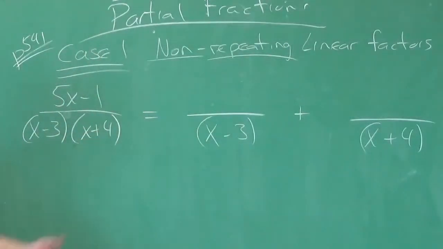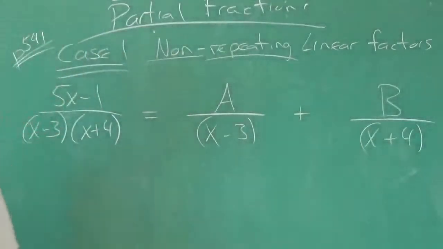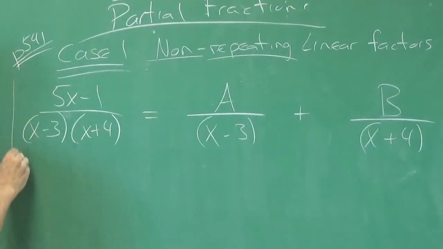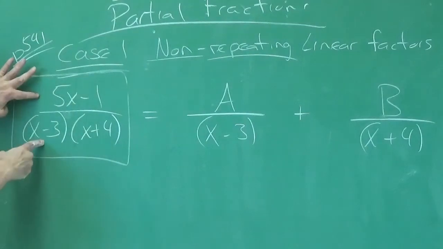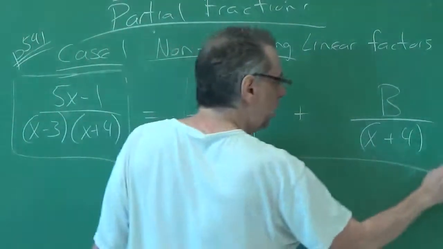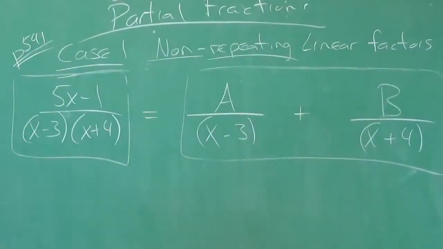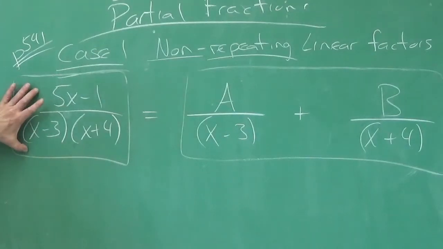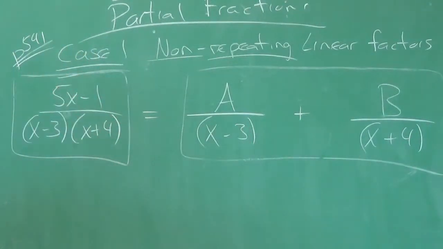So our task is to come up with the values in the numerators, right? So you'll be given this, and you'll be asked to decompose this using partial fraction decomposition. This is the question, this is the answer. We've got to come up with that A and B to finish it. Sometimes people ask, what is being asked here? You're given this, you're asked to come up with this. And so we've got to come up with that A and B.